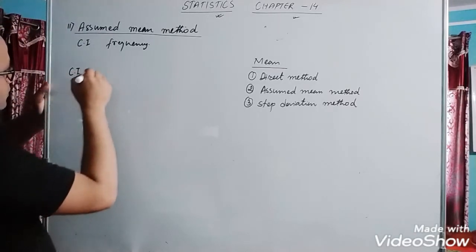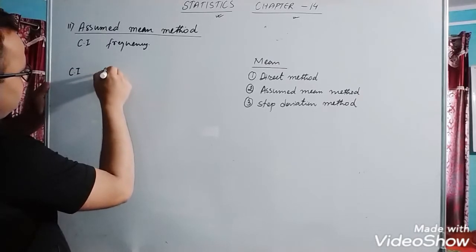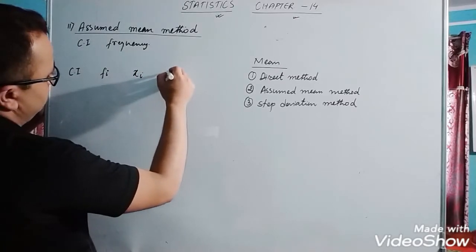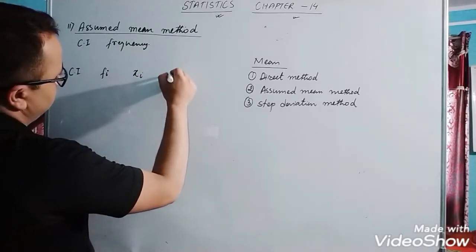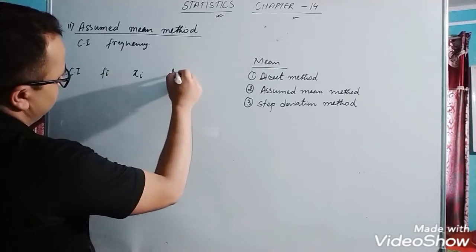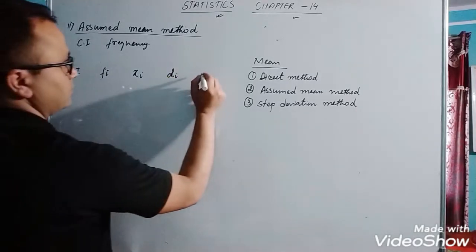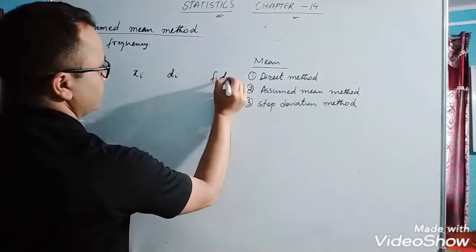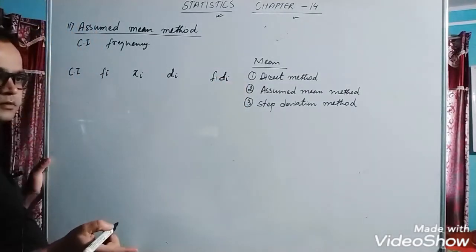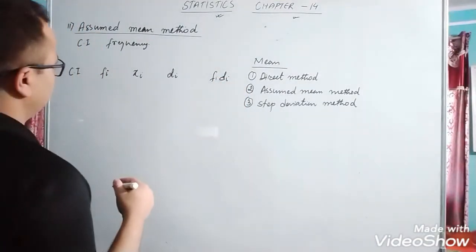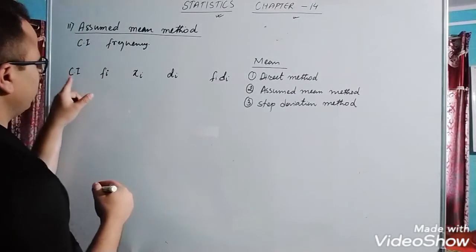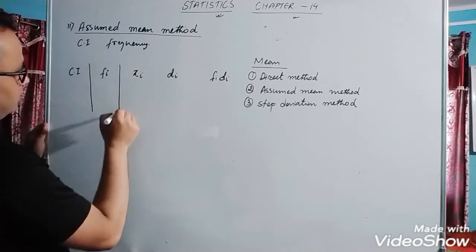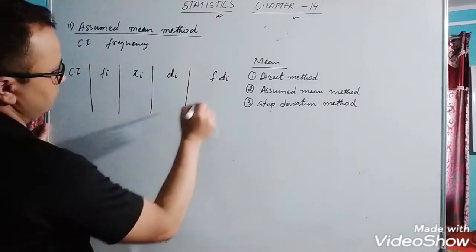First we write class interval, then frequencies of the interval, after that xi, then di, and the last one is fi di. In the direct method there are 4 columns, but in the assumed mean method there are 5 columns: 1, 2, 3, 4, 5.